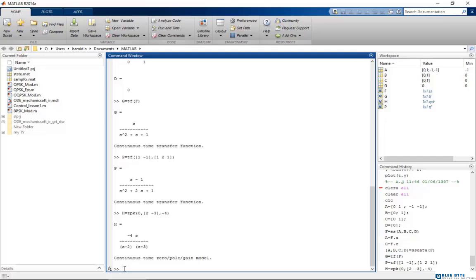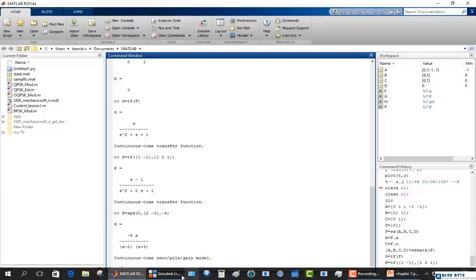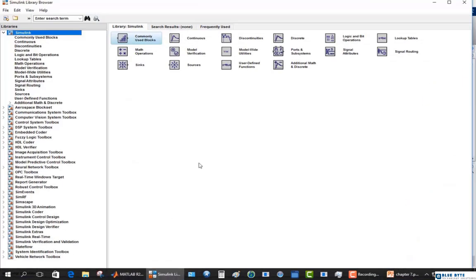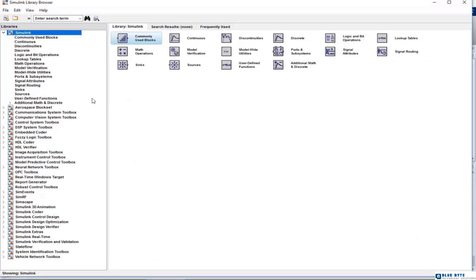Because we just had s in the numerator, we had a 1, 0. It means that the root of the numerator is 0 and there are two roots in the denominator, 2 and -3, and the gain was -4. Now you can see that we have created the zero-pole function.